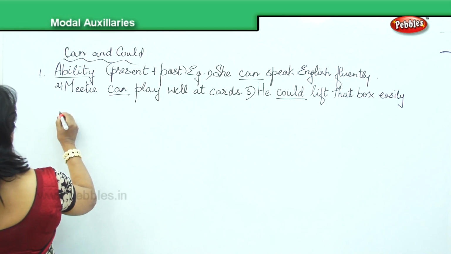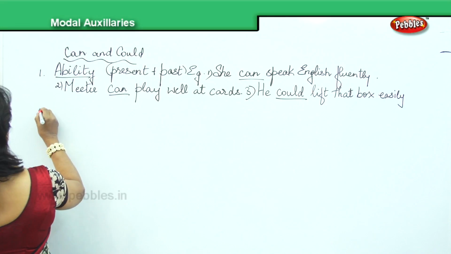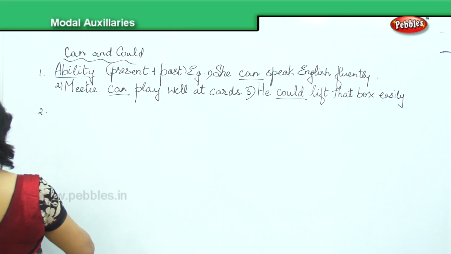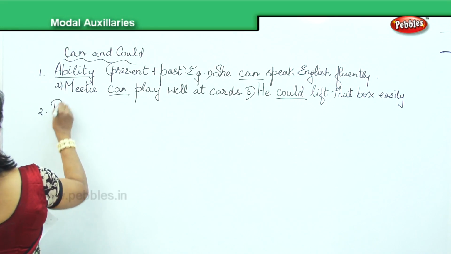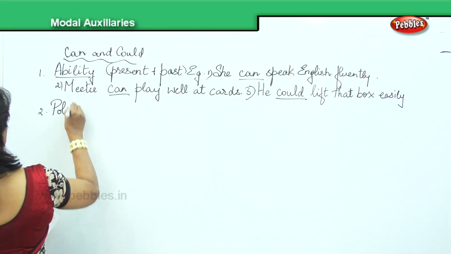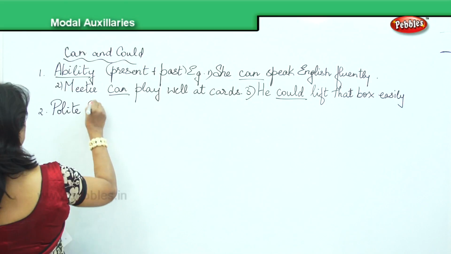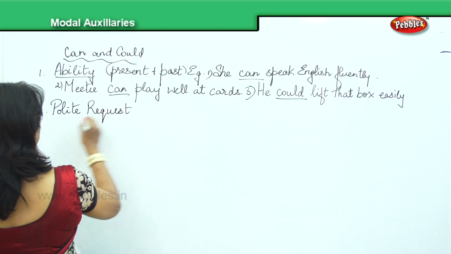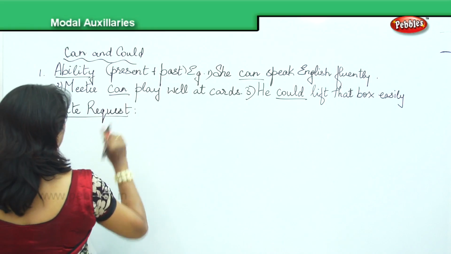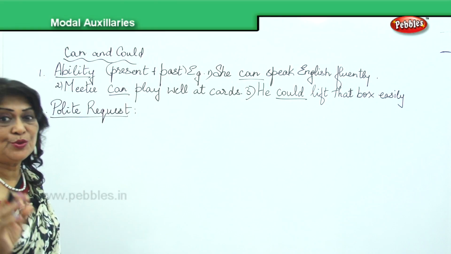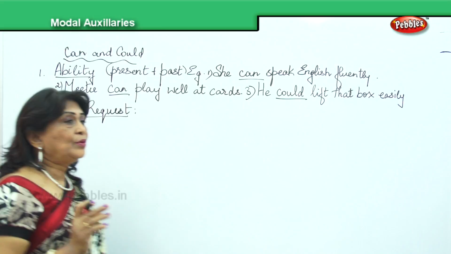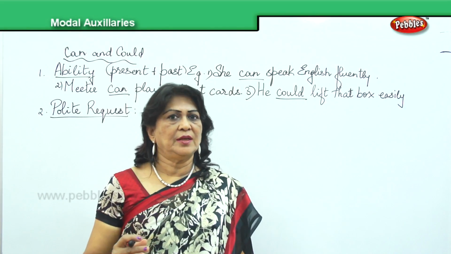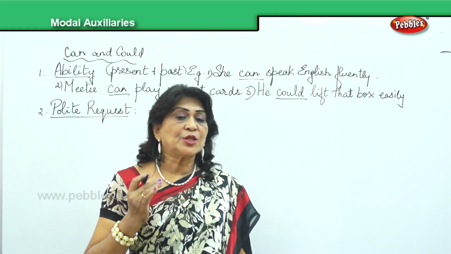Next, under can and could is polite request. Polite request, we always use could. When you ask permission from a higher official, you always ask could.